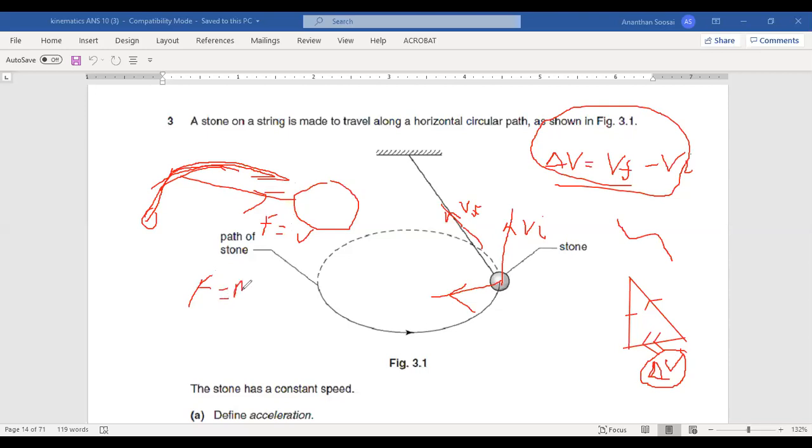Force is rate of change of momentum, right? When you apply force, the body must experience a change in momentum. Must be F equals ma, right? So the body must experience acceleration. It accelerates because there is a change in velocity. So conclusion, the answer, yes, it accelerates.